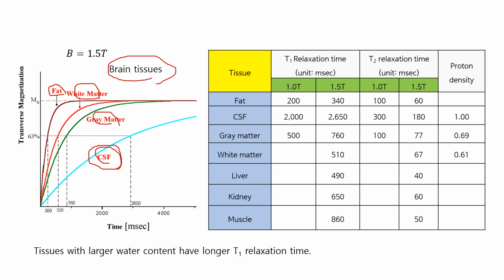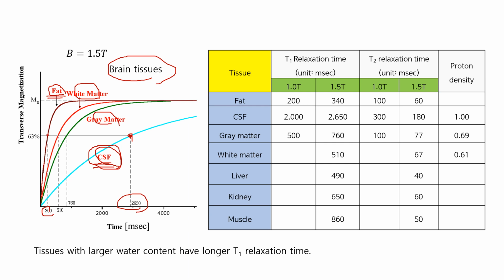We already discussed the protons in the fluid have difficulty losing their energy to the surrounding molecules because water molecules move very fast. So the protons in CSF have a long T1 relaxation time, and the protons in fat have a shorter T1 relaxation time. Okay?